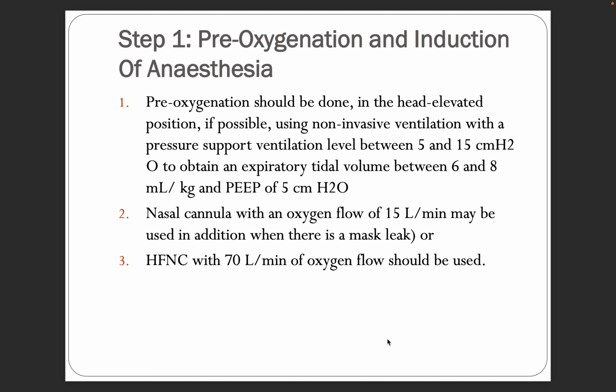So, pressure support, expected tidal volume, and PEEP. Nasal cannula with oxygen of 15 liters may be used in addition when there is a mask leak, or HFNO with 70 liters per minute of oxygen flow. So this is the minimum criteria for pre-oxygenation.